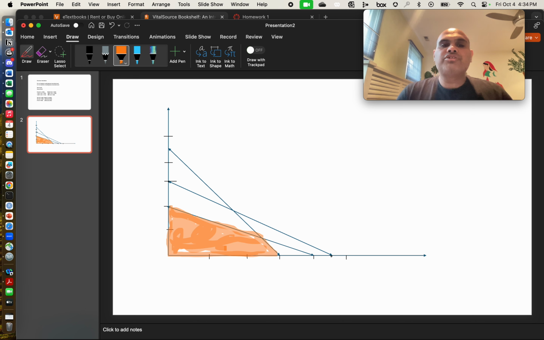So that's my feasible region over there. So this constraint here, the second constraint that I do, was essentially unnecessary. Even without that constraint, the feasible region would have been the same. So it is a redundant constraint.